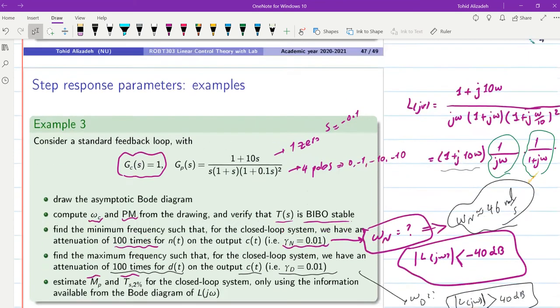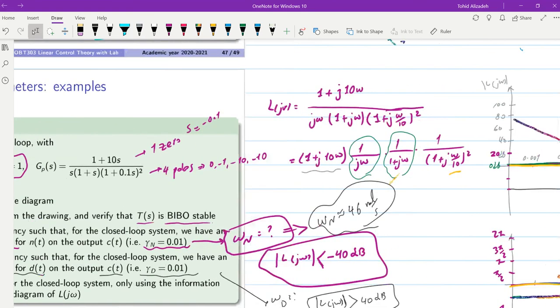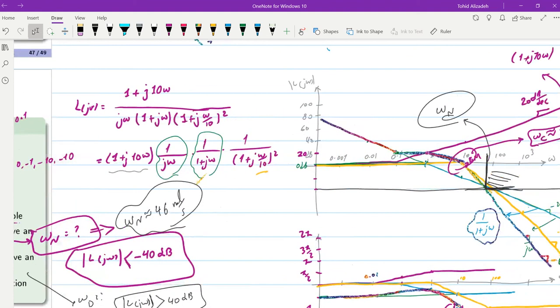Again, we need to refer to our Bode plot that we have, draw a line where we have the amplitude equal to 40 dB, and find the frequency for which the amplitude remains above that 40 decibel. And from what I see over here, it will be some frequency a bit smaller than 0.01.